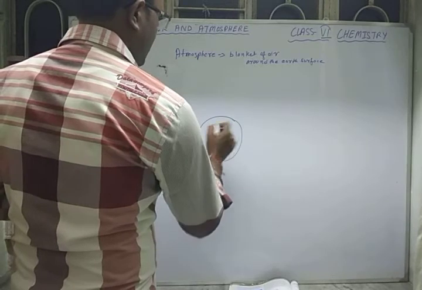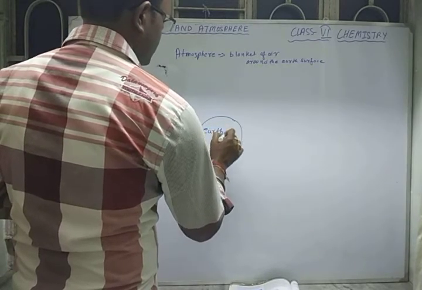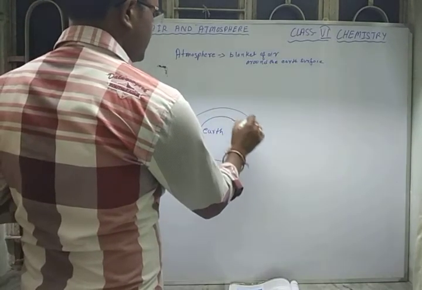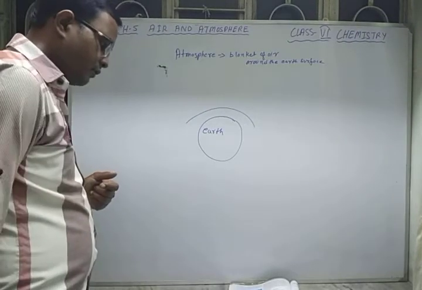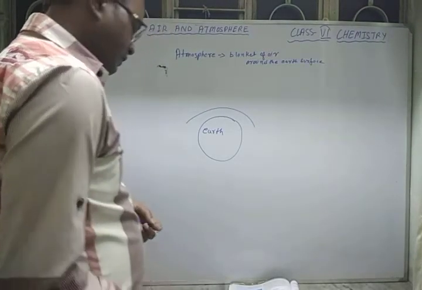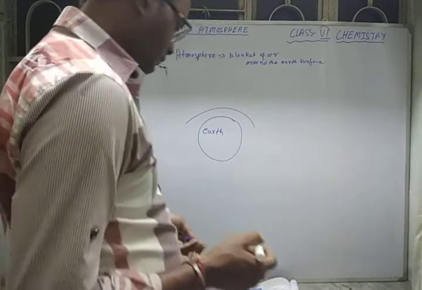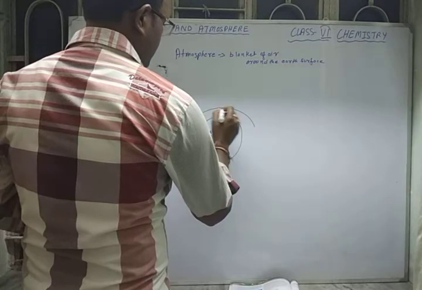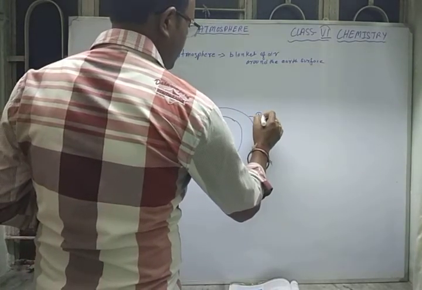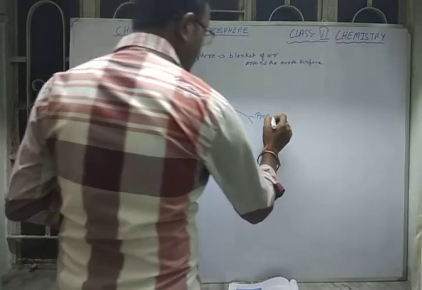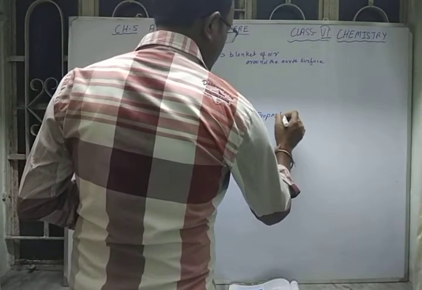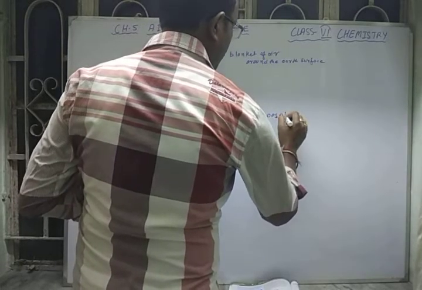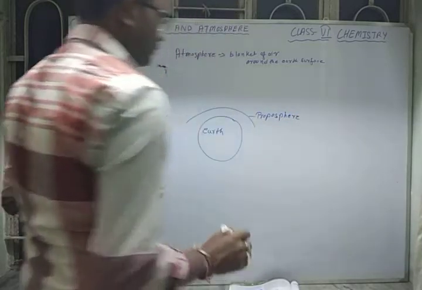So the first layer of the atmosphere, suppose this is our Earth. Around this, up to this surface, the lowest, closest layer, as given in the book, is called the troposphere.